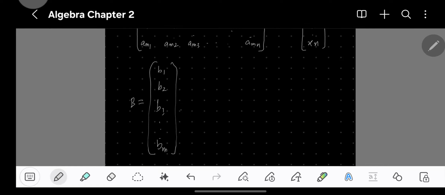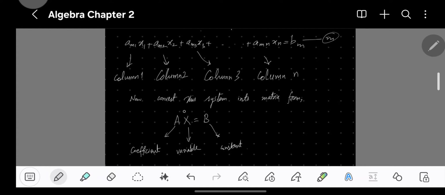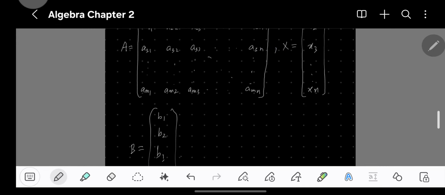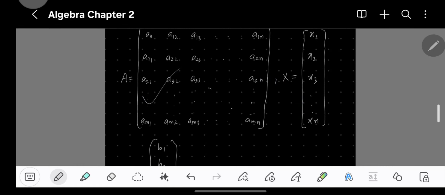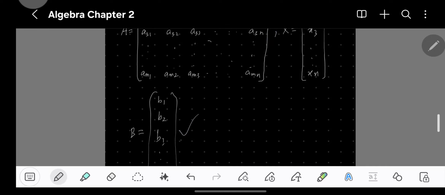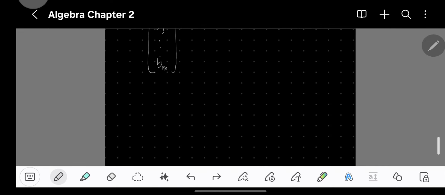Okay, so this is the system of equations, and we will write it in this way. The system of equations can be written as AX equal to B, where A is this matrix, X is this matrix, and B is this matrix. Okay, this is the way we write the system of equations in matrix form.